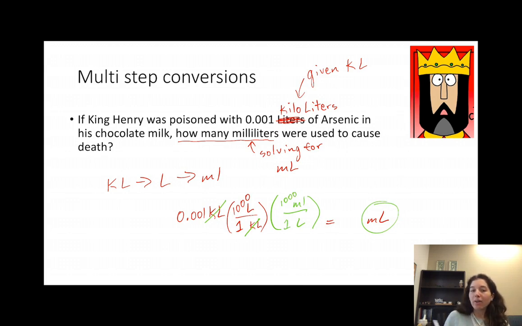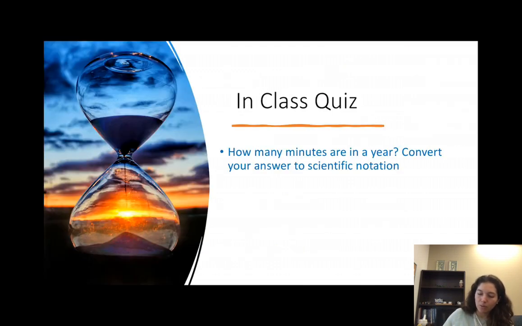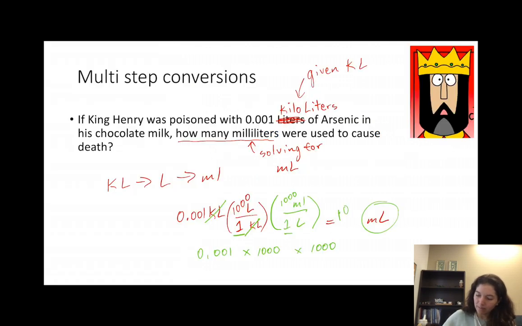So what we do in our calculator is we take 0.001 times 1,000 times 1,000. You could divide this by 1 and 1 if you wanted, but again, anything divided by 1 is itself, so we don't need to divide by that number. So when you put this in your calculator, you're going to end up with 1,000 milliliters. And that would be your answer for this one.